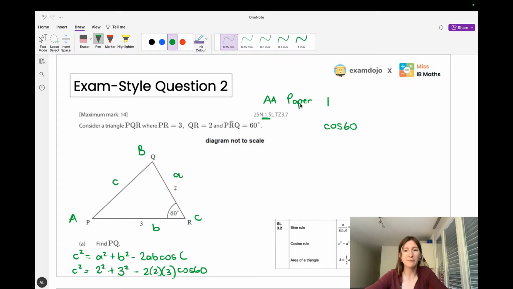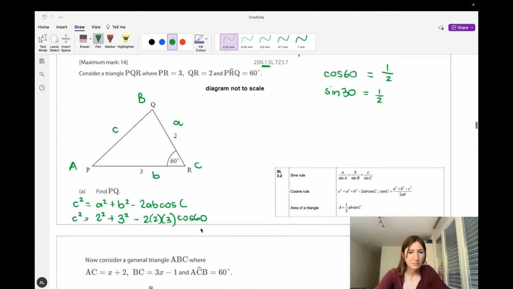This is for AA, not for AI. If you have AI, the course, then you can use your calculator. Cos of 60 is a half. Just a quick one, sine of 30 is also a half. So they switch. Sine of 30 is a half, cos of 60 is a half. So that will be nice for us.